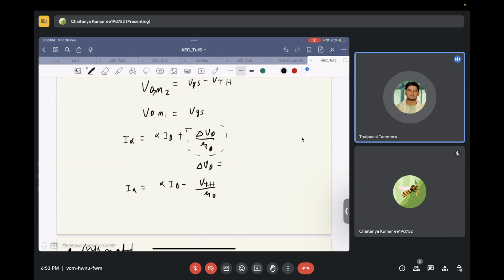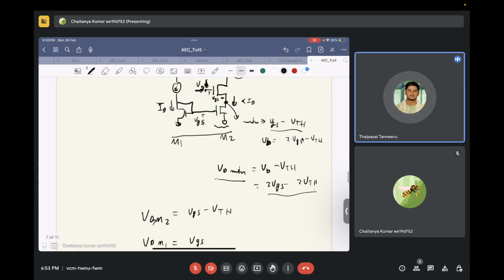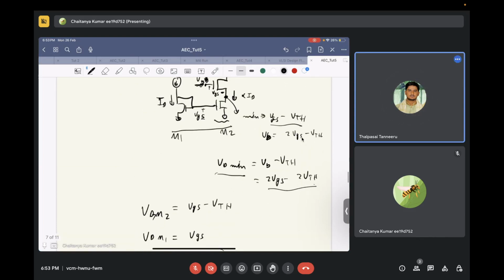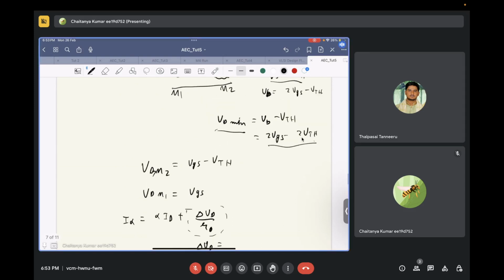Sir, or else we can bias a transistor. So what was the main problem due to which error in the current source was creeping up? It was the difference in the drain voltages of two transistors. Yes, sir. Correct. Now you are saying that in transistor M2, you need to have that particular drain voltage, VGS minus VTH, in order to get maximum swing from this current source.